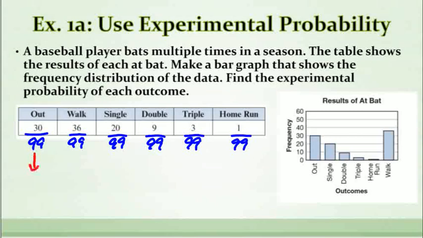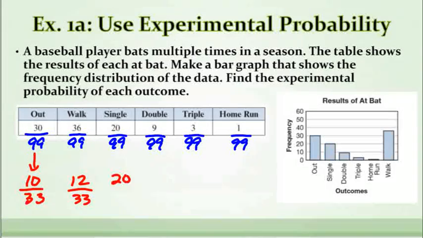So for this one, 30, I can divide each one by 3, and that would give me 10 over 33. I can divide 3 out of 36 and 99. 36 divided by 3 would give you 12 over 33.